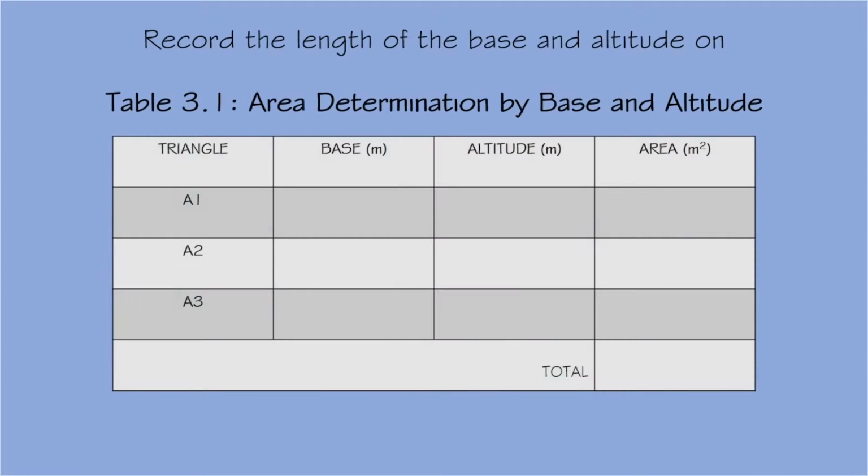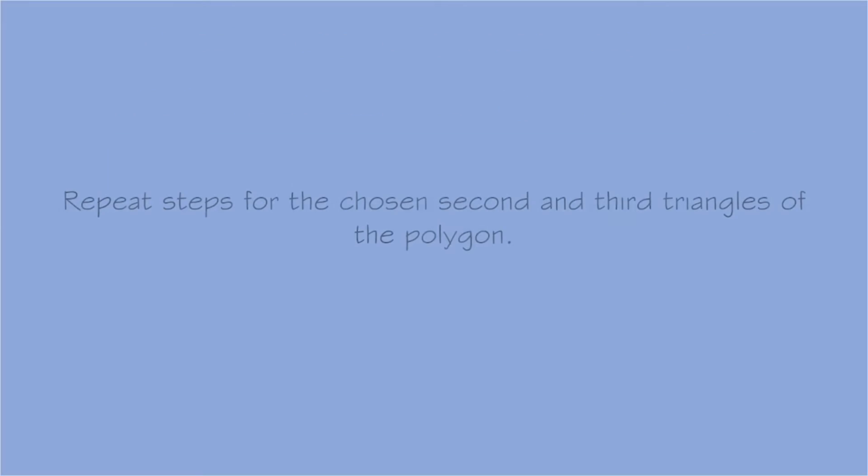Record the lengths of the base and altitude on table 3.1, area determination by base and altitude. Repeat the steps for the chosen second and third triangles of the polygon.